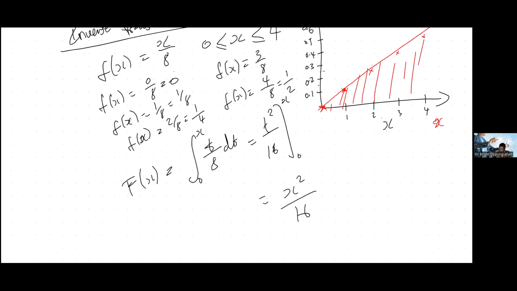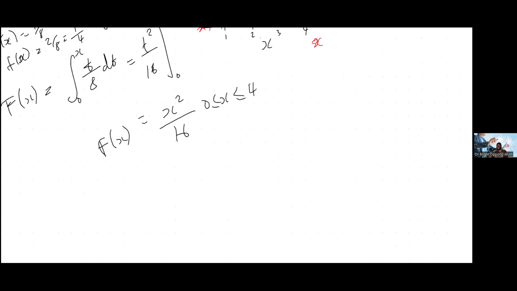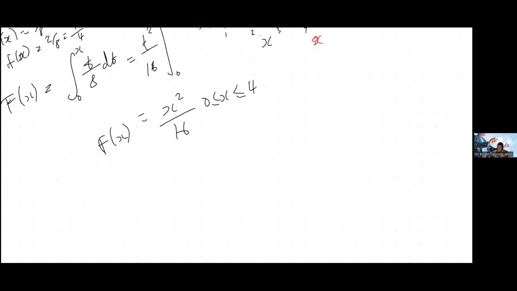So this is our cumulative distribution function. Again, this is true for x less than or equal to 4 and greater than or equal to 0. So we can then plot a parabolic graph for this distribution, so that we can now use that to determine the random number.